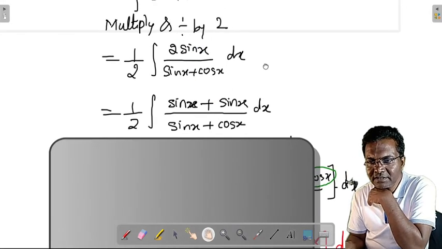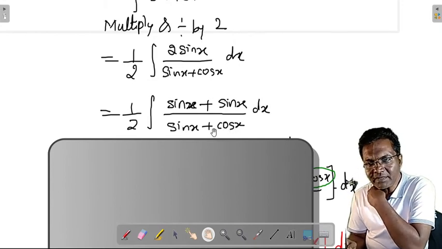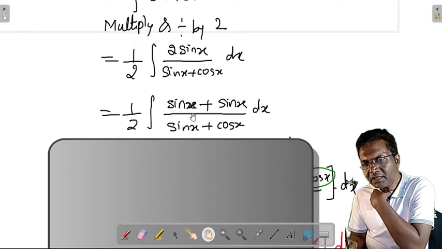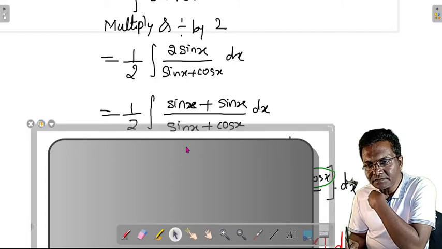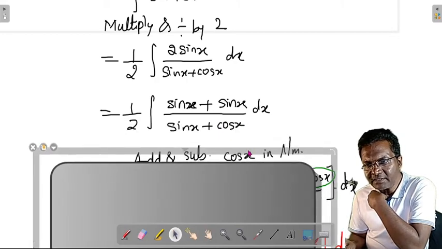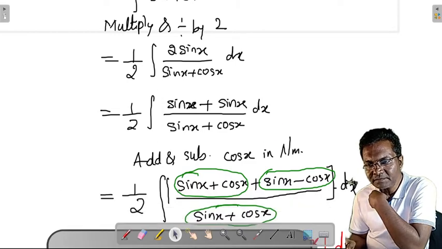Okay, now see here, in the denominator you have sin x plus cos x. So make some arrangement so as to get this term in the numerator. What should we do? Add and subtract cos x in the numerator. If we add and subtract cos x in the numerator, look what you will get.